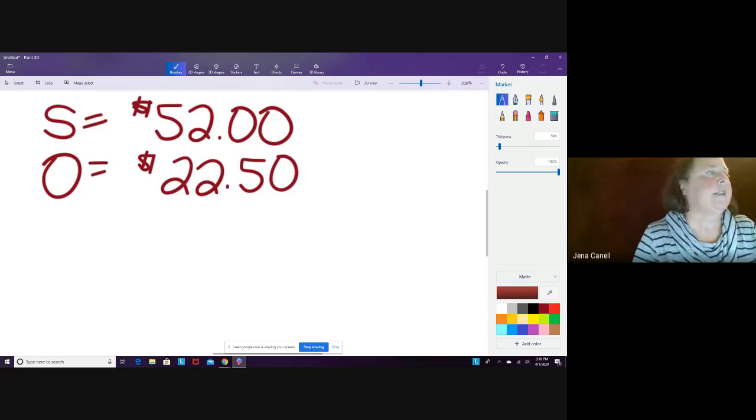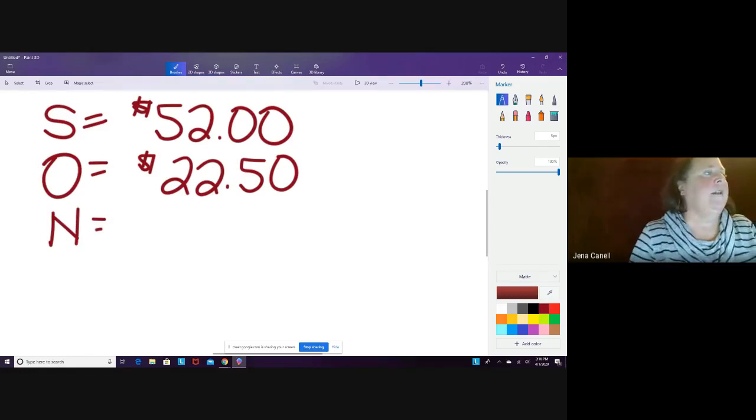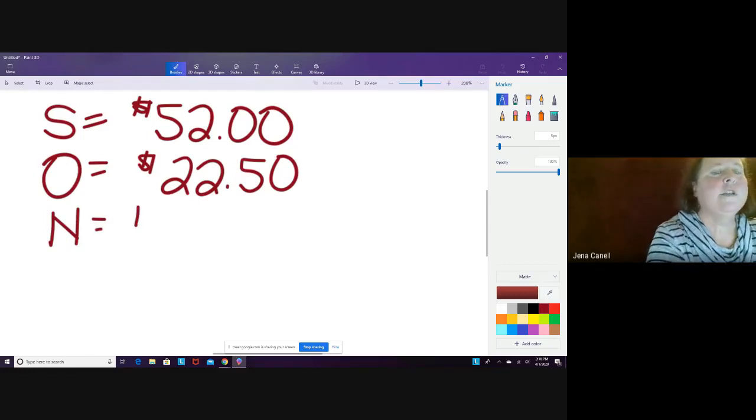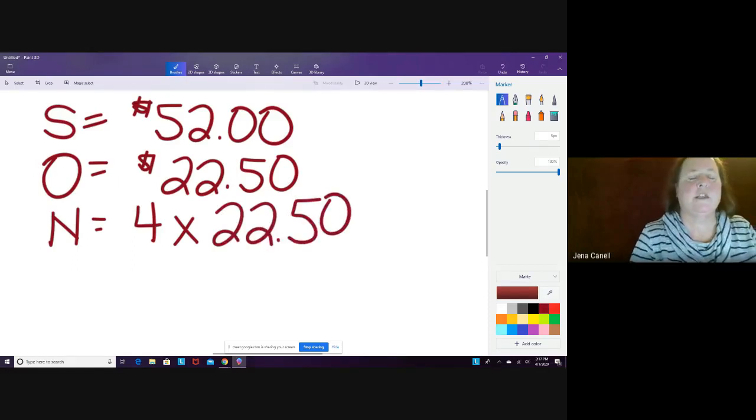And then it says in November, Ellen deposits 4 times the amount she deposits in October. Well, we just wrote down that in October, she deposited $22.50.